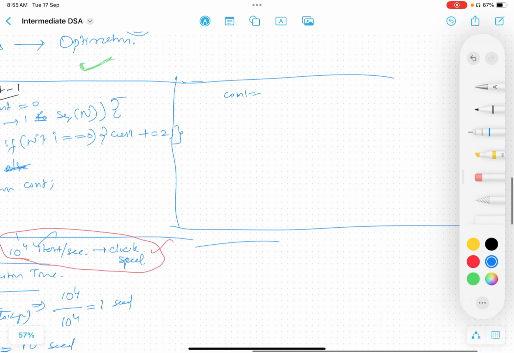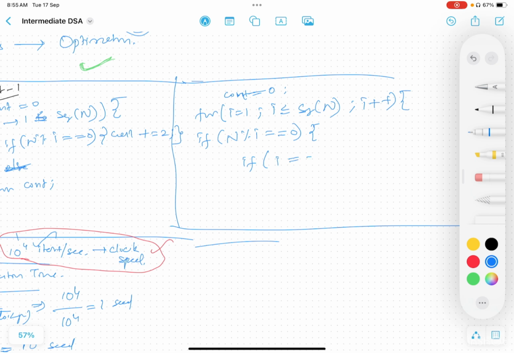So I'll complete that optimization. You put count equal to 0 first, right? For I equal to 1, I less than or equal to square root of n, I plus plus. If n divided by I, first of all, let's check whether it is a factor or not, right? Again, if I equal to n divided by I, that means both factors are equal.